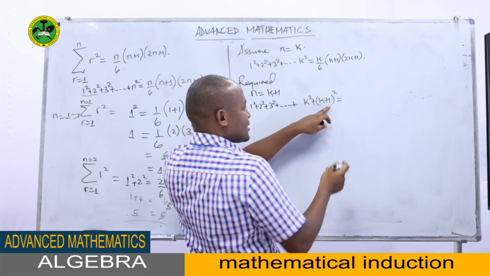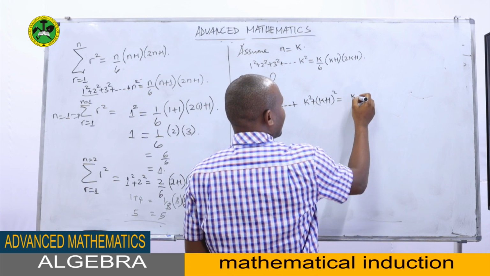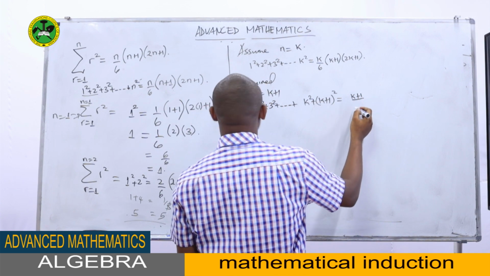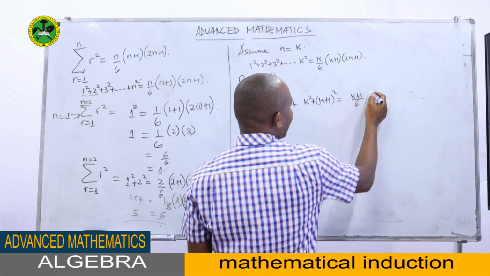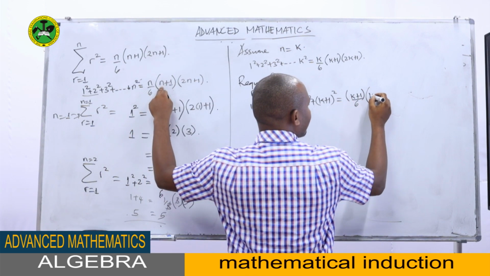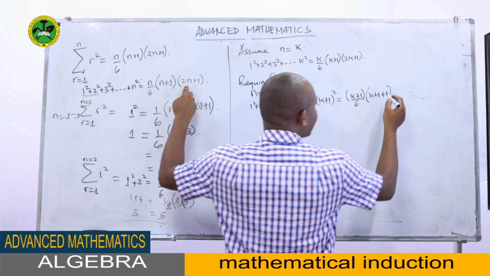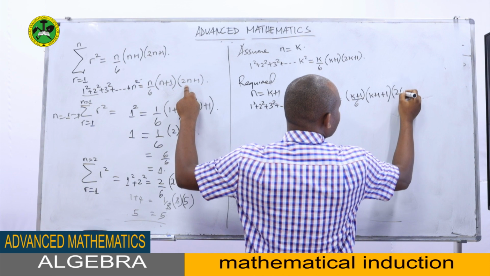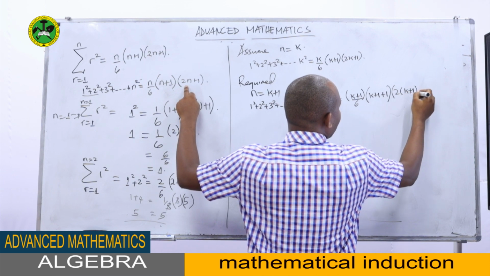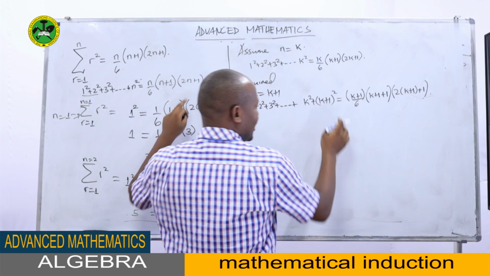Remember, our n there is k plus 1. That means we have k plus 1 over 6, again there we have k plus 1 plus 1, and again there we have 2k plus 1 plus 1. Let's simplify that.